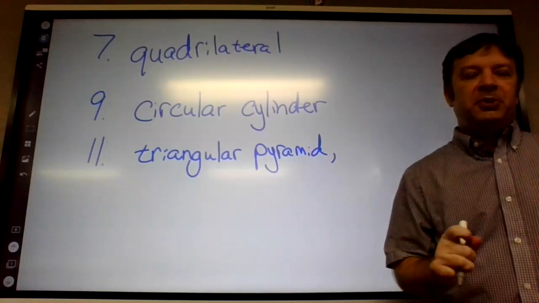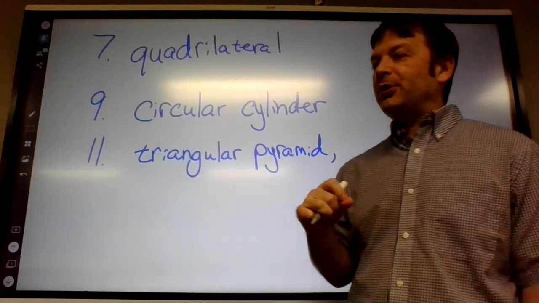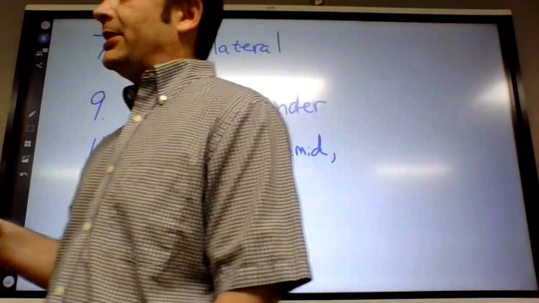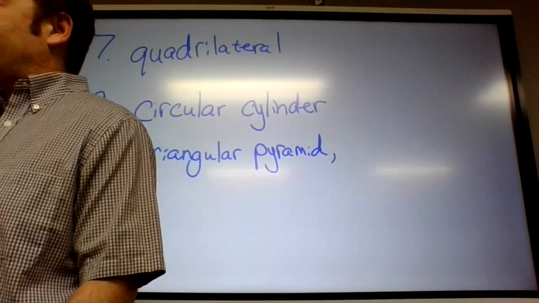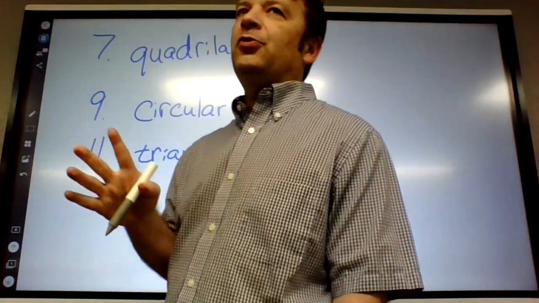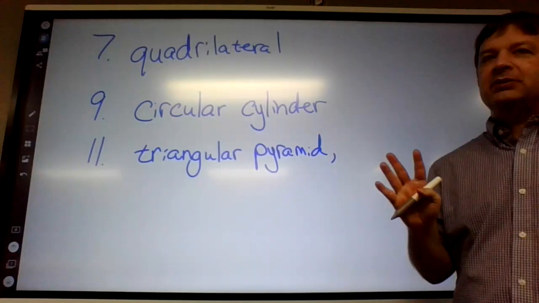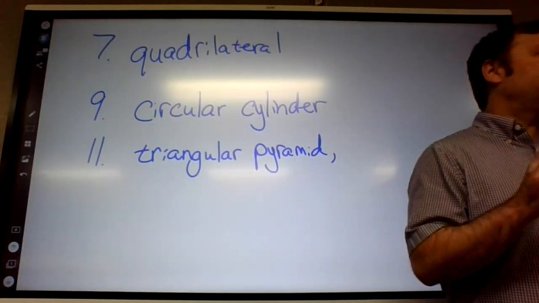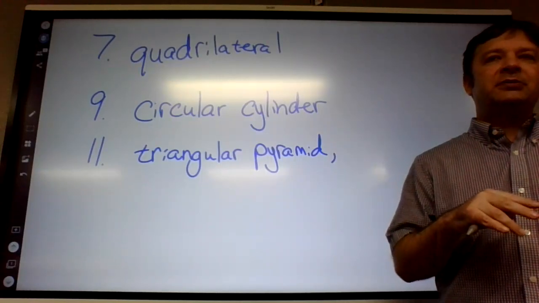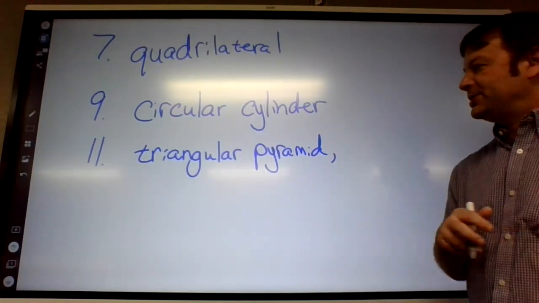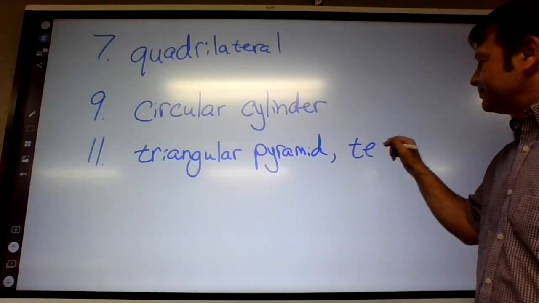Because it is a polyhedron, we also have to name it according to the number of sides. How many sides does it have? 4. Okay, what was the 4-sided one called? No, it's the weird one. That was new. Yeah, remember Tetris? Yeah, it's tetrahedron.